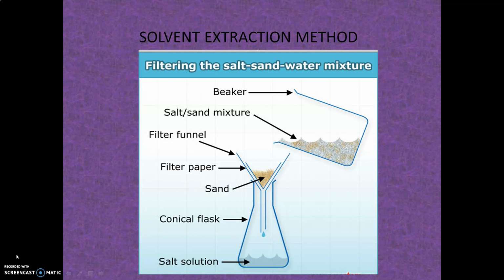The salt will get dissolved and mixed properly. Then you put a funnel and pour the solution into it. Now sand, which is insoluble, will be left in the funnel, and you'll get the salt solution through filtration in the beaker. So this is how you do the solvent extraction method.